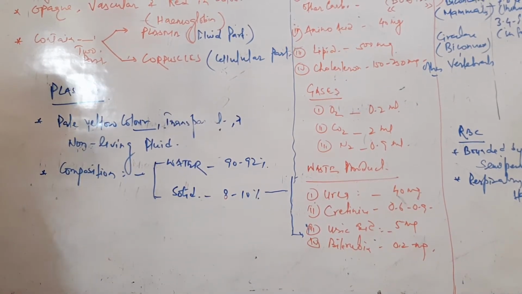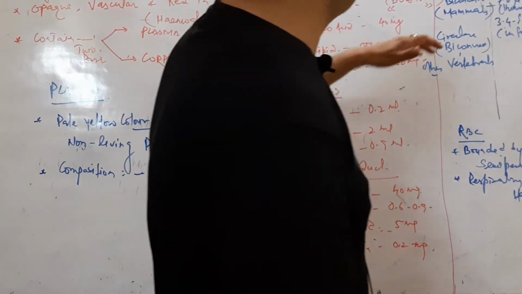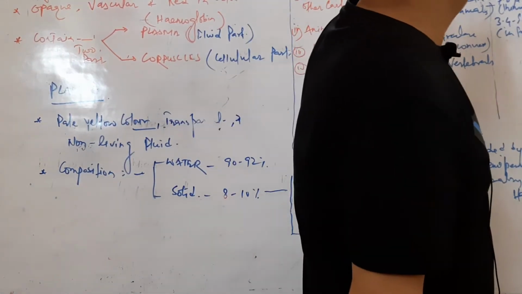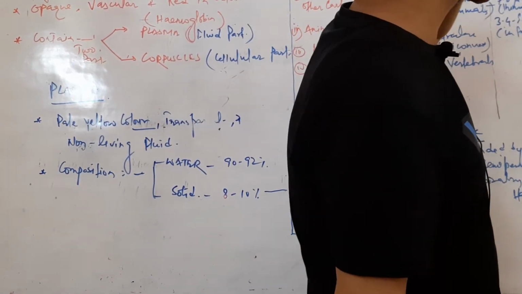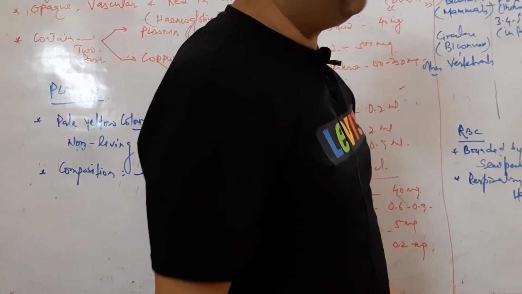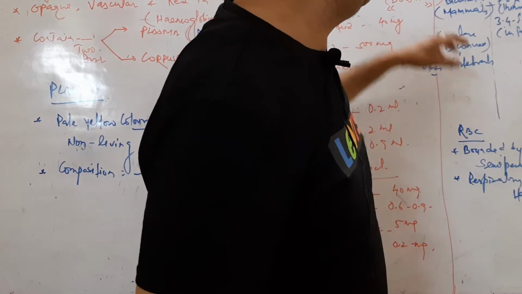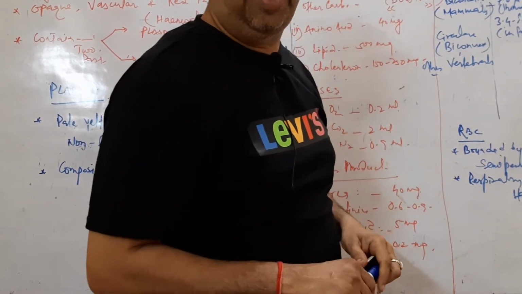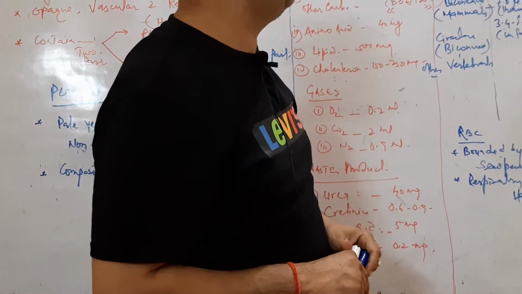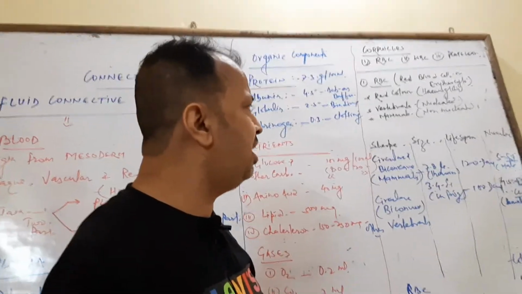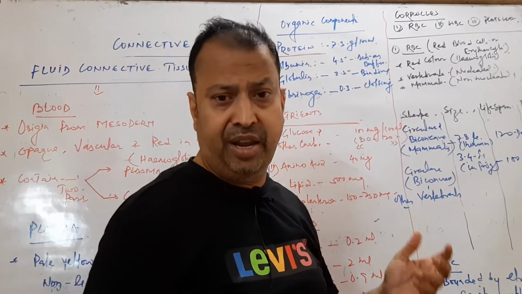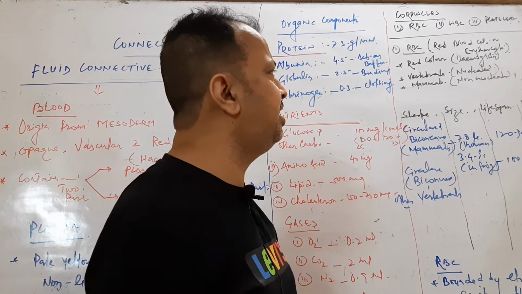That was all related to the plasma, the fluid part. Now we come to the corpuscles part. The main corpuscles are RBC, WBC and platelets. RBC is called red blood cells, also called erythrocytes. It is red in color due to the pigment hemoglobin, and in vertebrates it is nucleated, but in mammals including humans it is non-nucleated.